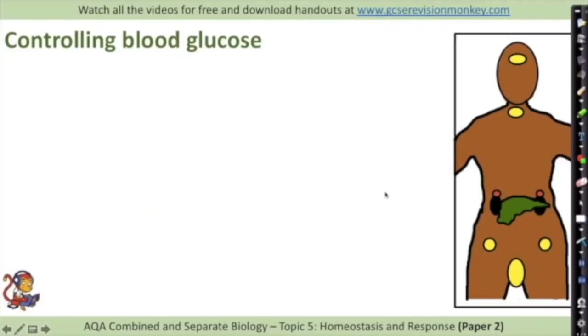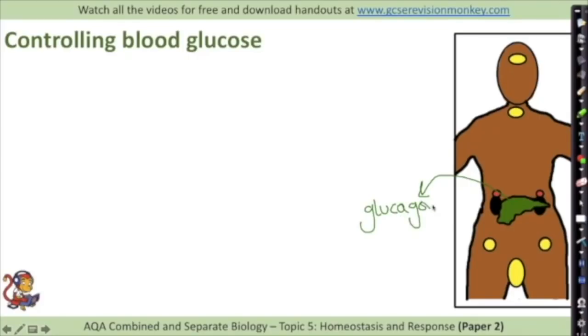This next bit is for higher tier only, just this slide here, because you also need to know what happens when the blood glucose levels get too low. The pancreas produces another hormone, this time called glucagon. Again, annoyingly very similar to the words glycogen and glucose that we looked at earlier.